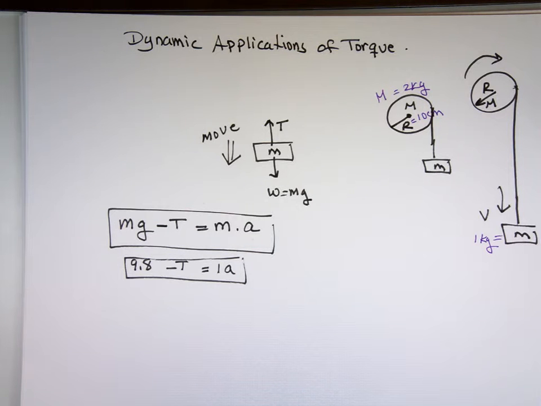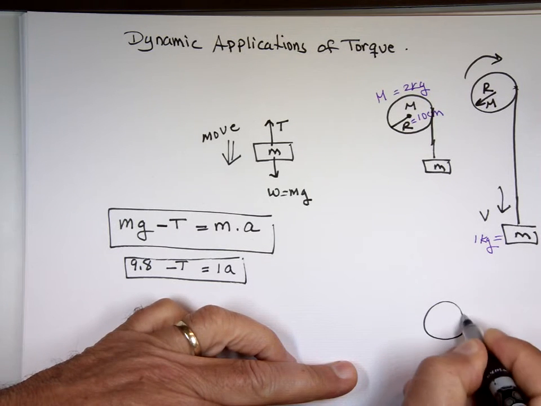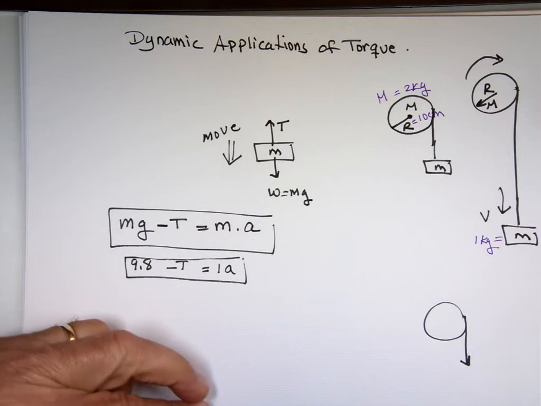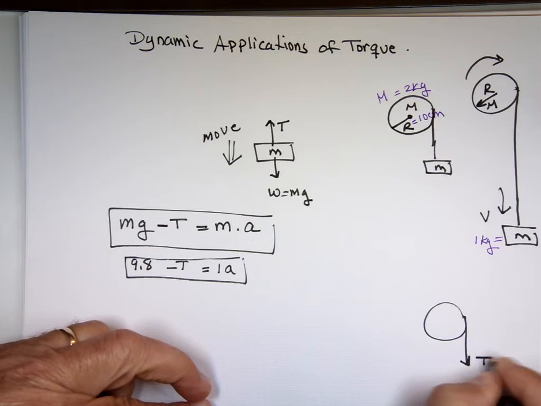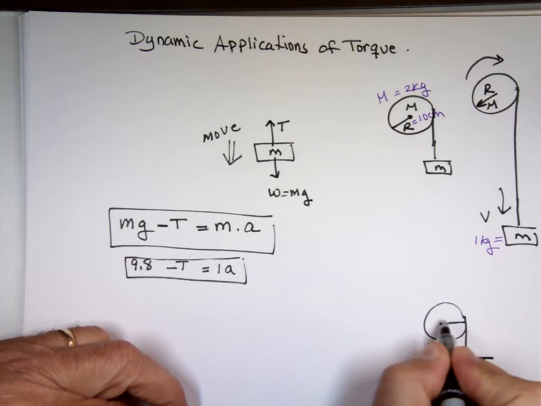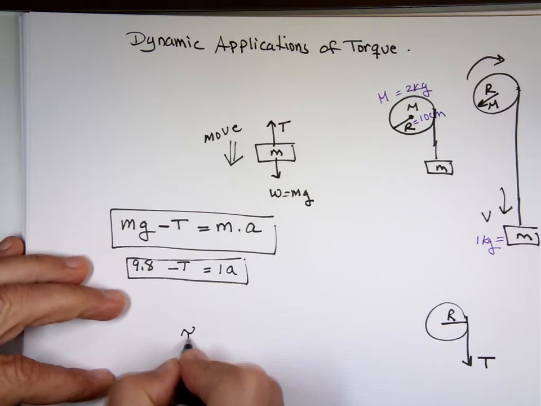Okay, let's look at the pulley. So that's this weight. Here's the pulley. We got the tension pulling in this direction, the cable, the string. We got the radius here. We know torque equals what?